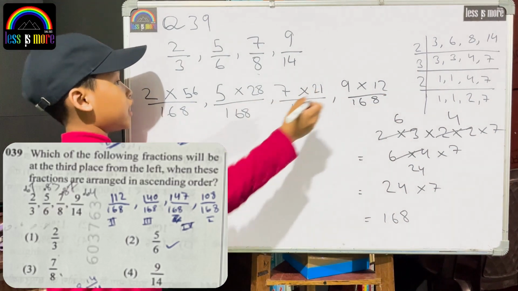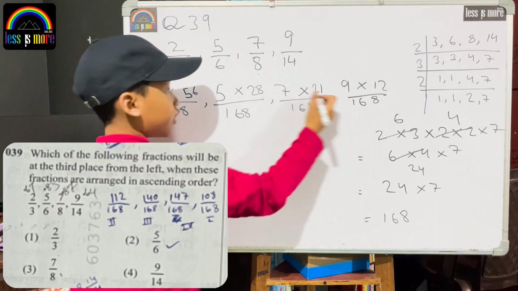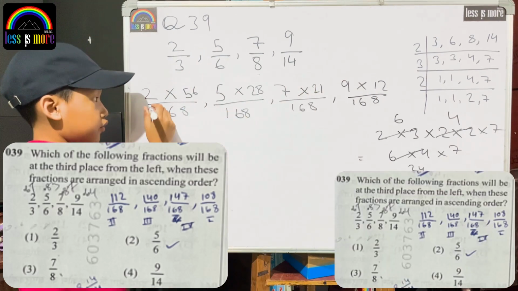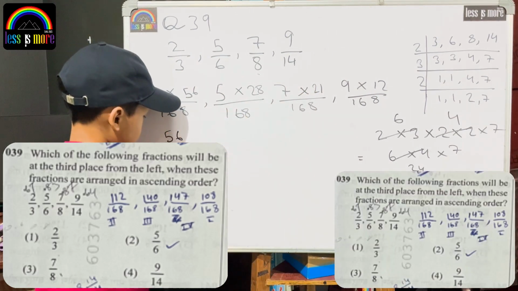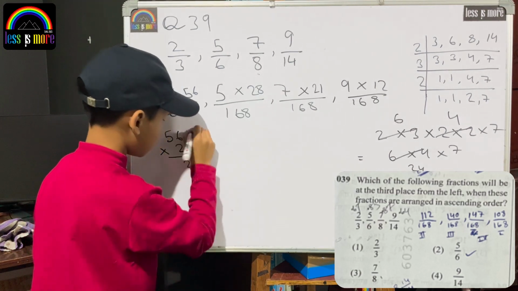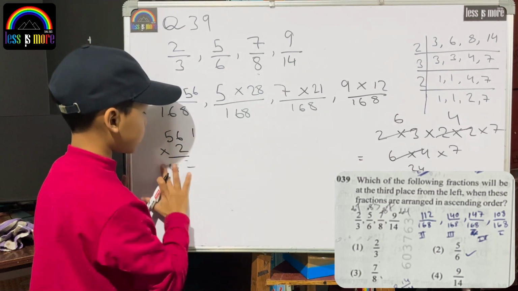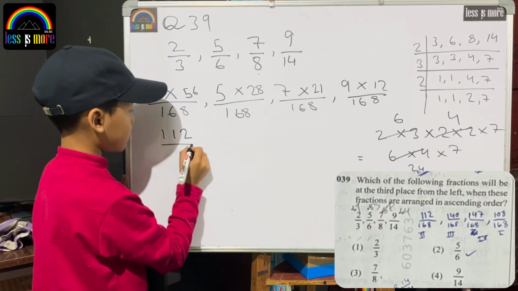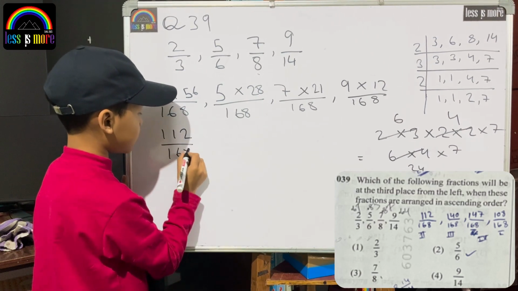So we have to multiply all of these. If we multiply 56 times 2, the answer will be 112. Then we write 112 over the denominator 168.